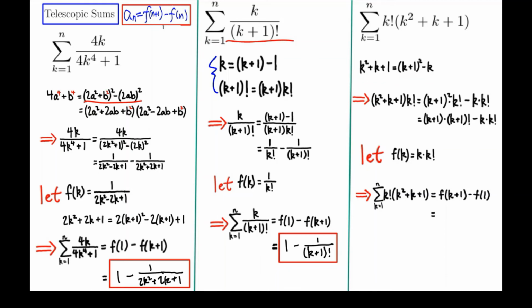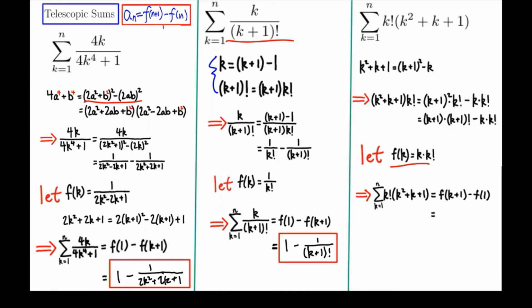So if we put that in, we get that this over here is also equal to (k plus 1) squared times k factorial minus k times k factorial. However, what we can do here is move one of these (k plus 1) factors, because there are two of them, and multiply by this over here. So we get (k plus 1) times (k plus 1) factorial minus k times k factorial.